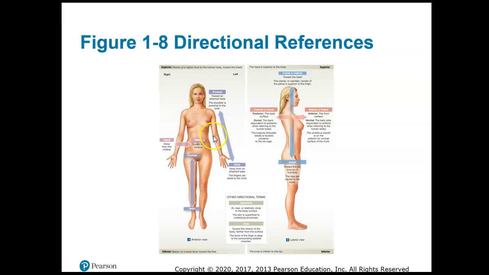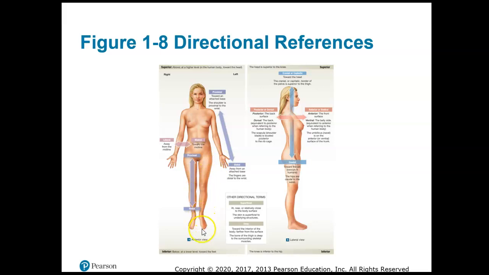So for example, the elbow is proximal to the wrist. The wrist is distal to the elbow. So proximal is the one closest to the shoulder. Distal is the one farthest away. So the elbow is proximal, the wrist is distal. The knee is proximal, the ankle and toes are distal.